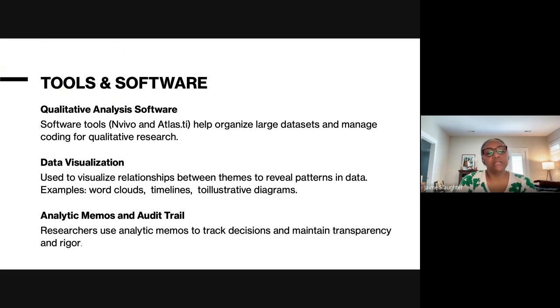So it's really important to have a document that tracks decisions that you make along the research process. And this is important because it helps to maintain transparency and rigor.